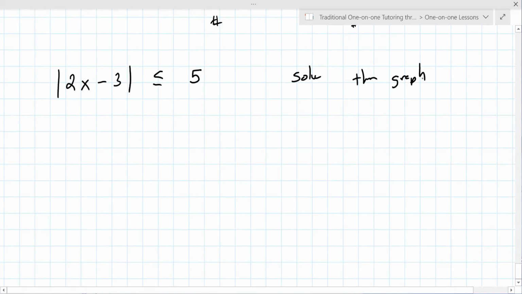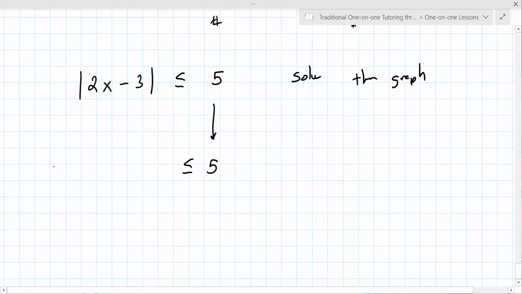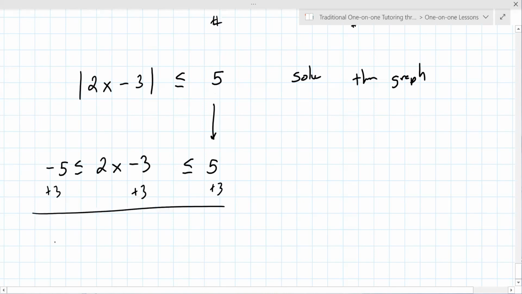All right. So since it's a less than, you bring the 5 down and you put the -5 over here. And then you have to add 3 to all of them. Right. So you add 3, you add 3: 2x, 8. And then you can divide all of that by 2.